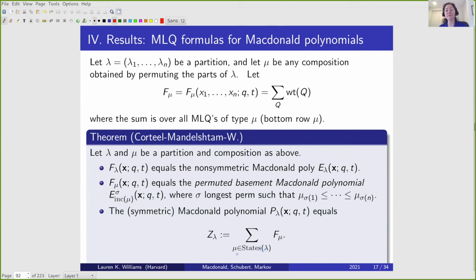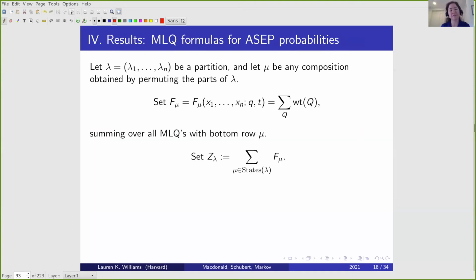So that's mu, compositions you can get by rearranging the parts of lambda, and you add up the contributions F sub mu. So it's a new formula for Macdonald polynomials, and you get it by summing up weights of multiline q's whose bottom row is some permutation of lambda. Okay, so this here is just a review of my notation.